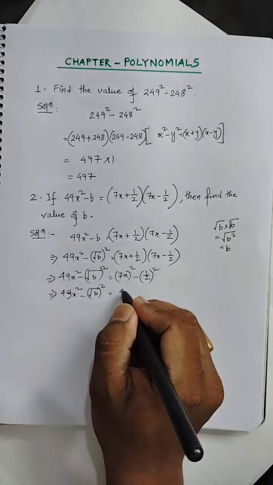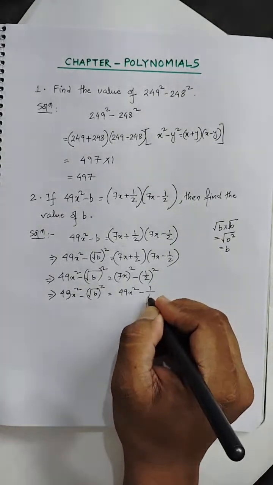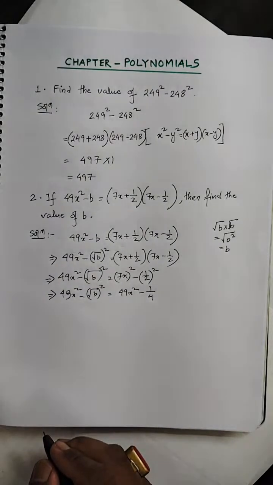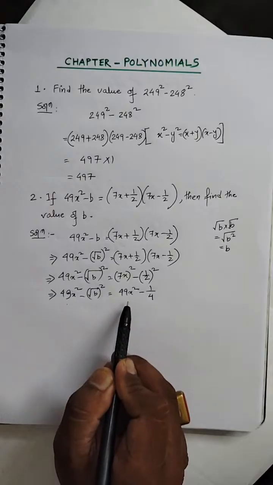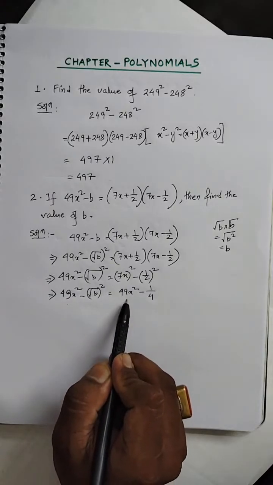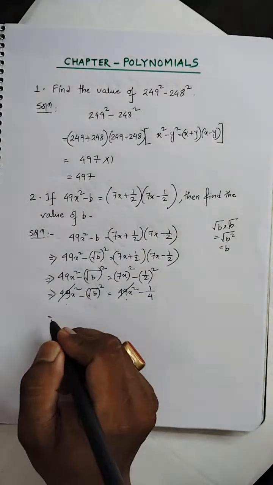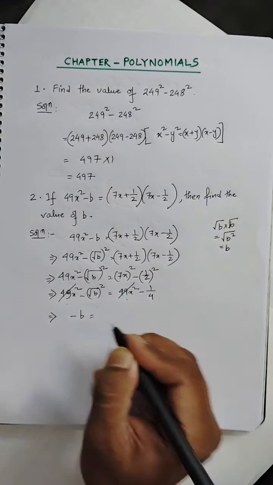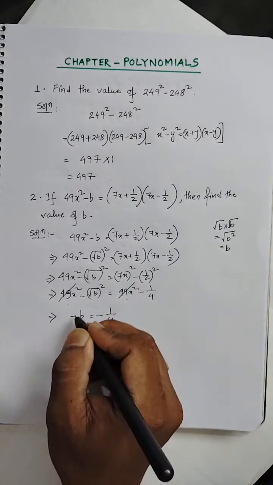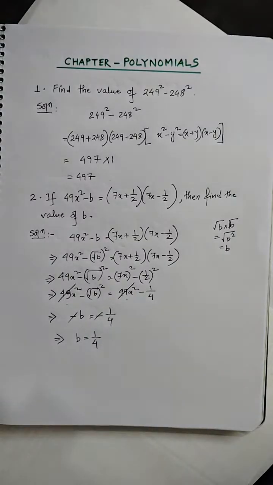So 7x whole square is how much? 49x square, and this is minus 1 by 4. So 49x square on the left hand side and 49x square on the right hand side, so we can cancel them out. Root over b whole square is again b, so we have minus b and minus 1 by 4, so the negative sign gets cancelled as well, so our answer is 1 by 4. So the value of b is equal to 1 by 4.